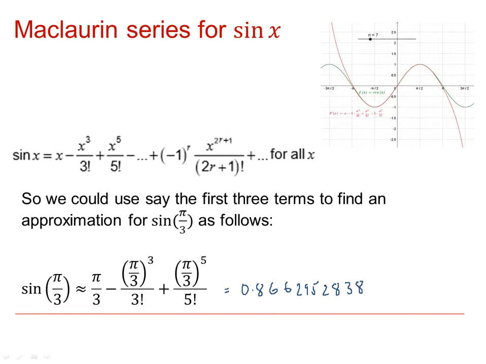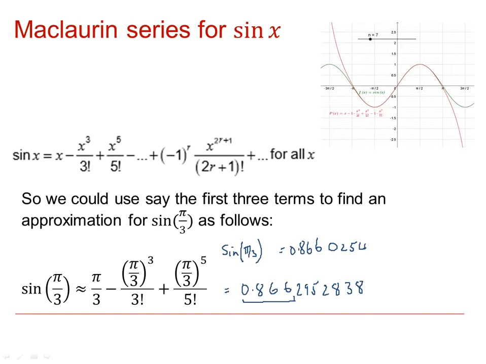You might like to compare that with the value of sine pi by 3 given by a calculator. The calculator gives sine pi by 3 as 0.866 0254. So you can see this approximation is actually correct up to the first 3 decimal places.